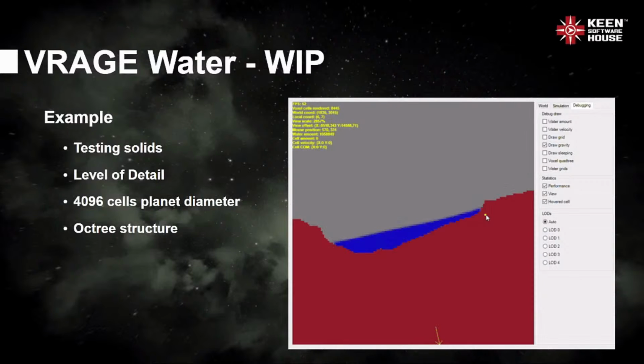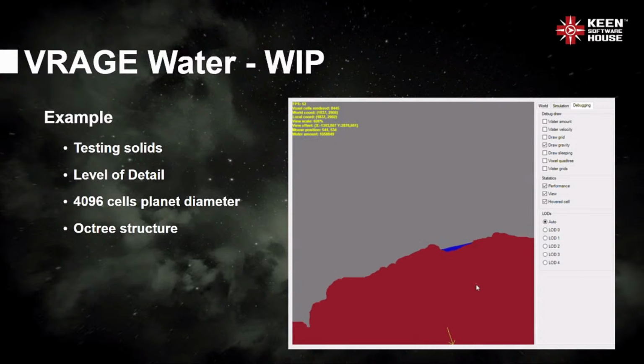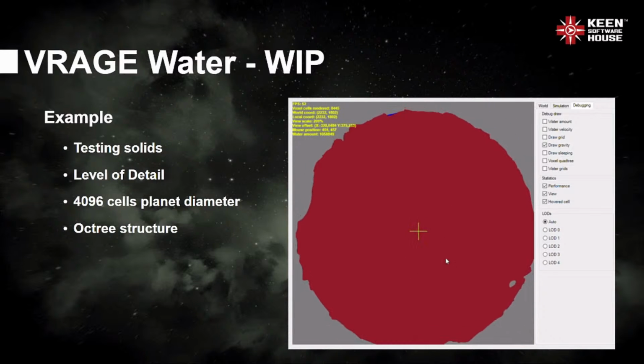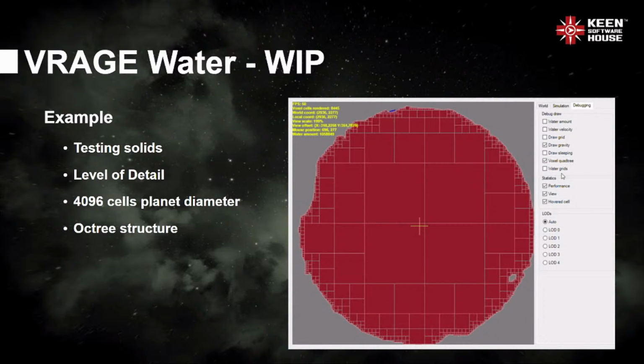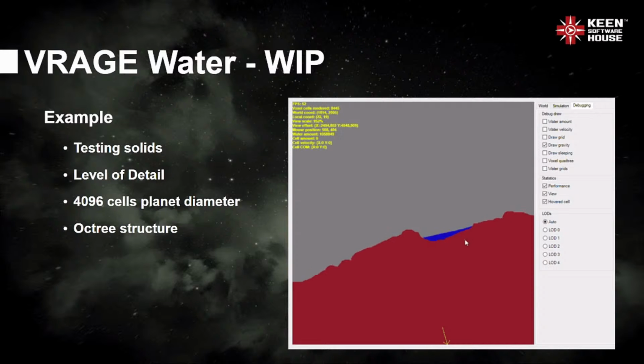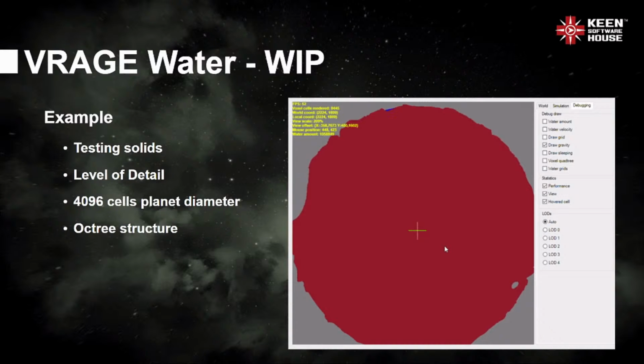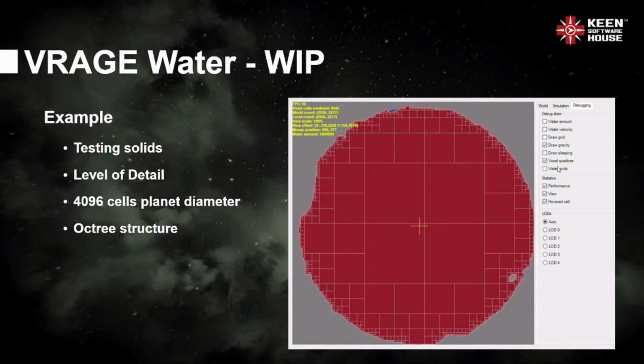And this is an example, this is not a bug, this is currently a feature. It's planetary or large scale support for water. So you can see how I am testing that. I've created a large planet in this 2D version, and I am simulating water at this scale. And it must be fast, it must behave correctly, and it must be believable.